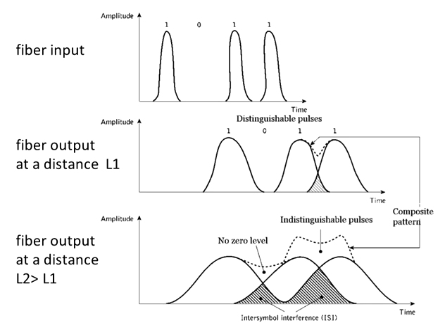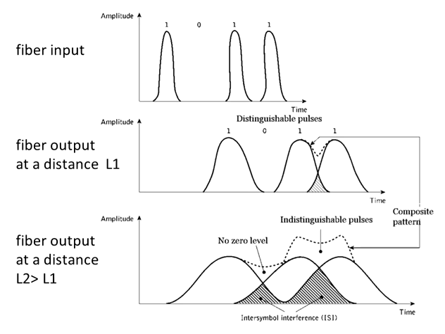Let us consider the first figure, which indicates the pulses launched at the input side of the fiber. Now consider the bits are transmitted as 1, 0, 1, 1. In this case, 1 is identified by the presence of the pulse and 0 is identified by the absence of the pulse.